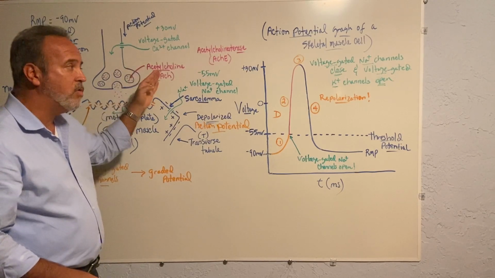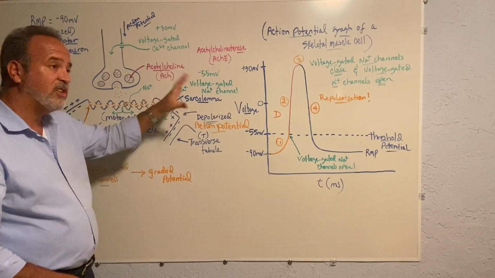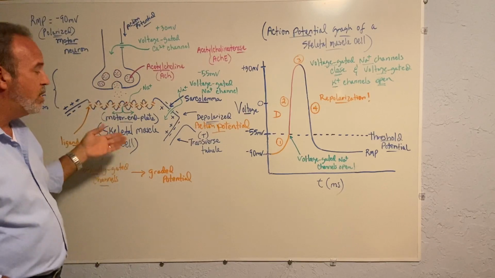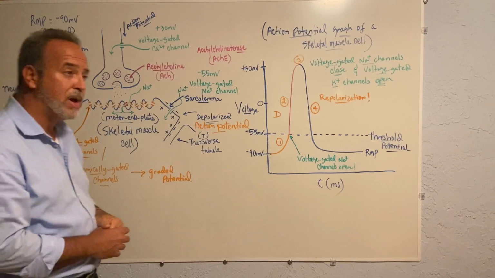Therefore, if you don't have the inhibitory portion participating, then this neuron is always going to excite the muscle, and the muscle is going to stay contracted. We call that muscle spasm.